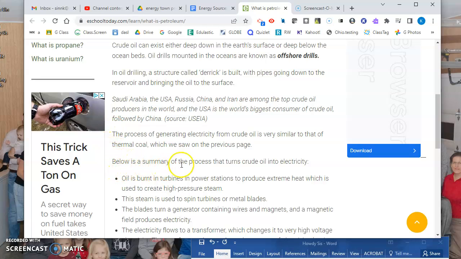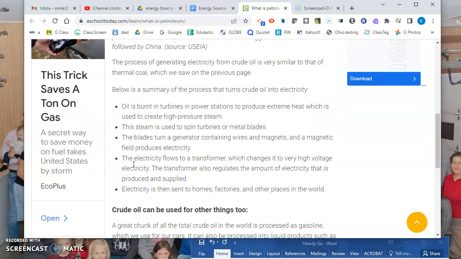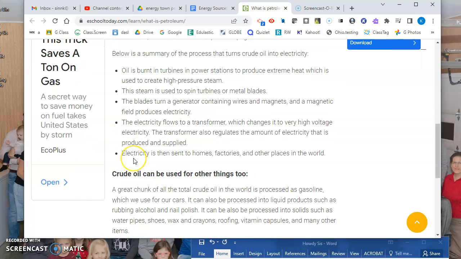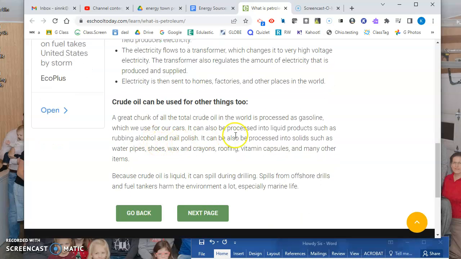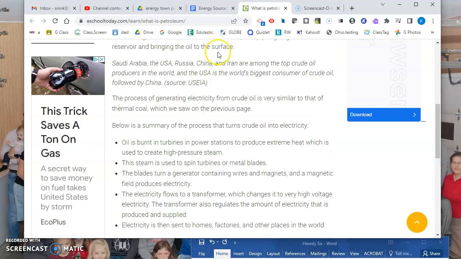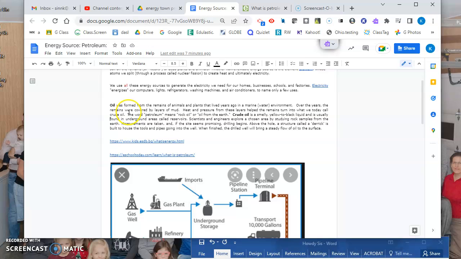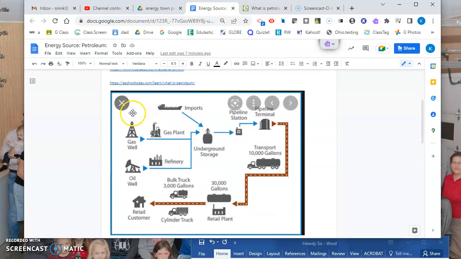Here is a summary of the process in words, so you could read through that to help you understand. And here is some information that crude oil isn't just used for an energy source. It's used for lots of other things that you might not know that you use, that we start with crude oil when we make them.